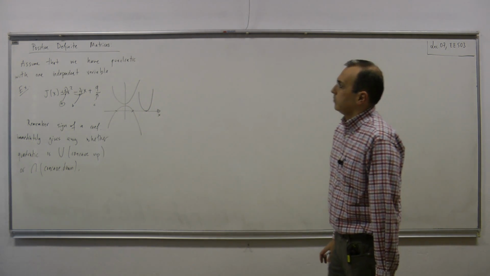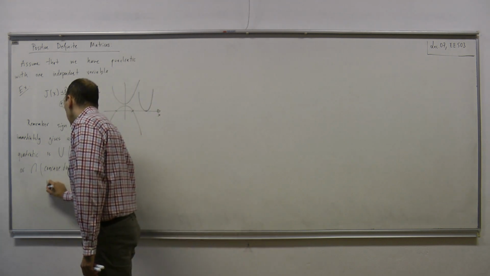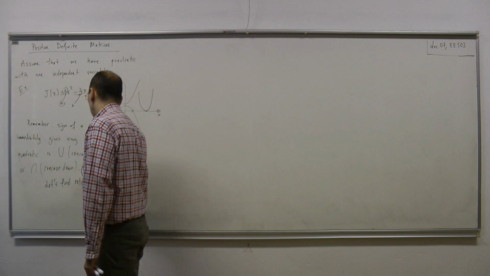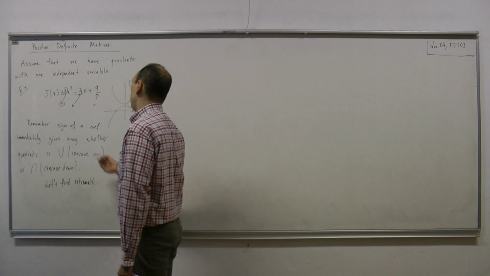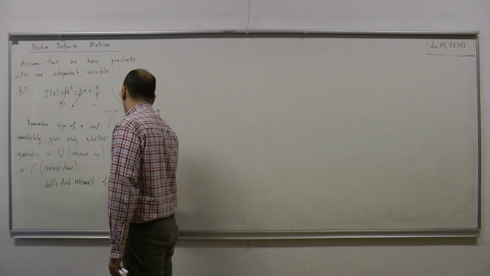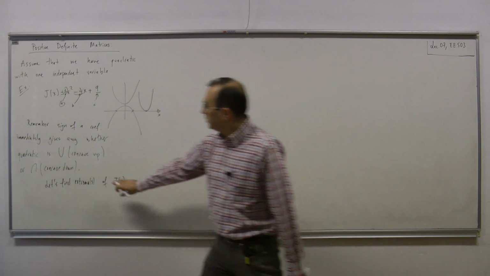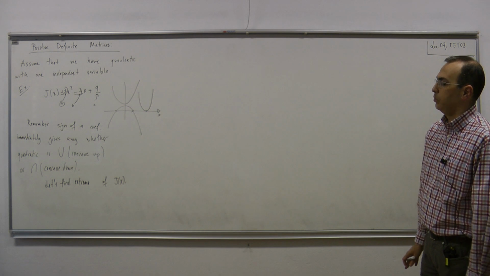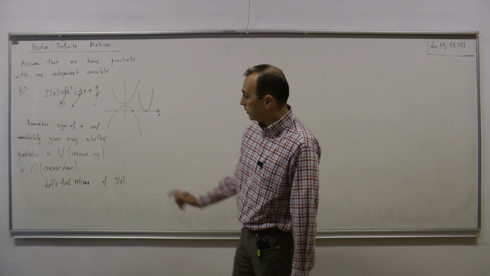Okay, what else? Let me try to find from calculus. Let's find extrema, or extremum if there is a single one. Extremum is the singular one, and extrema is the plural one. So what is the meaning of extrema?